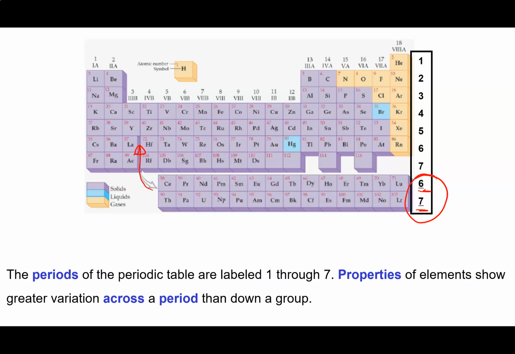And then the other thing is, you'll see sometimes they'll break off hydrogen, and so hydrogen actually goes up there, but they're using it as a key here. So the first row of the periodic table is there, 1, 2, 3, 4, 5, 6, 7.